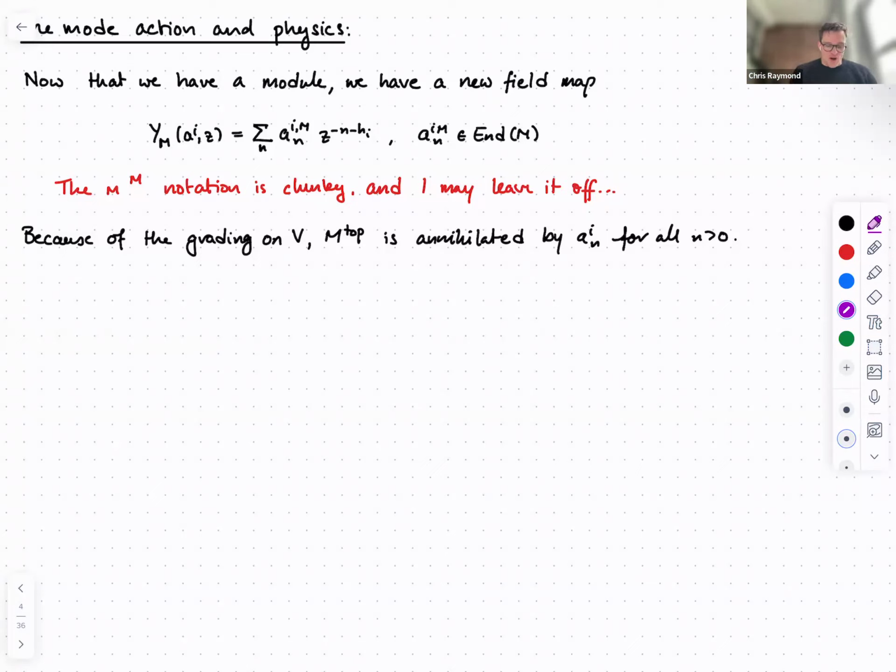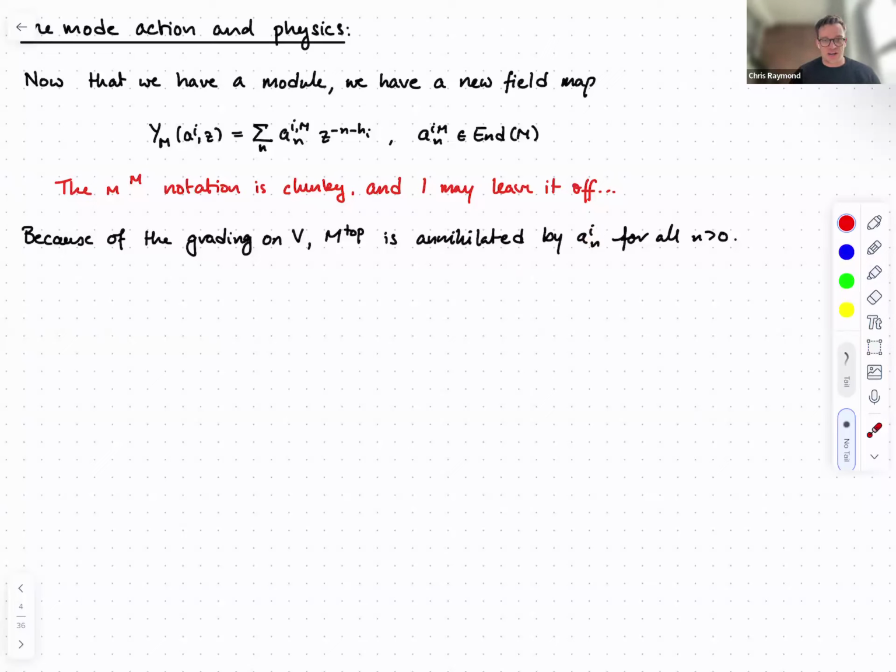Okay, now because of the grading on V, M top is going to be a space that's annihilated by all of these modes that I have. Implicitly here, I'm thinking of this maybe having an M floating around. So this space is going to be annihilated by all of my modes where this index is strictly greater than 0.